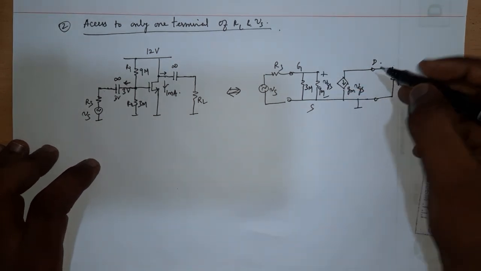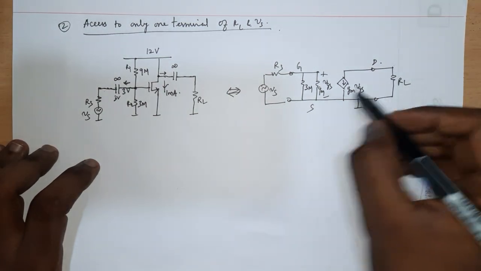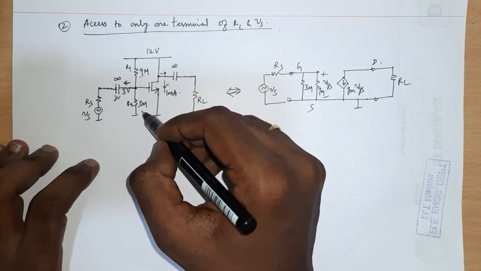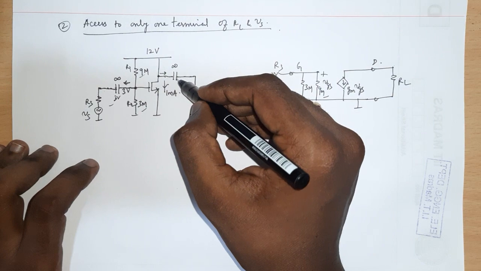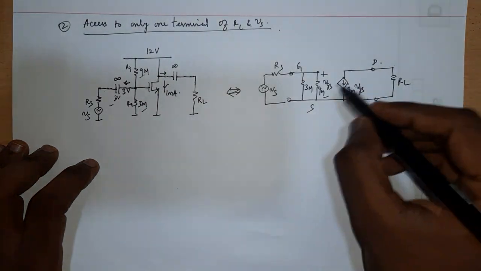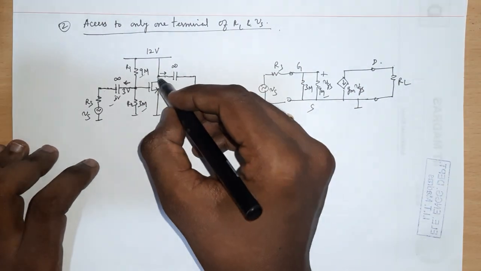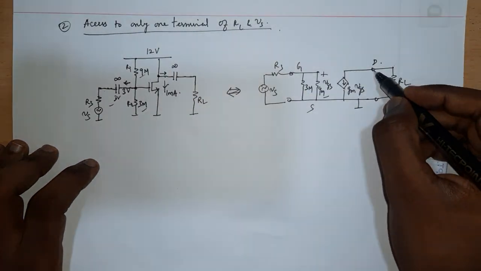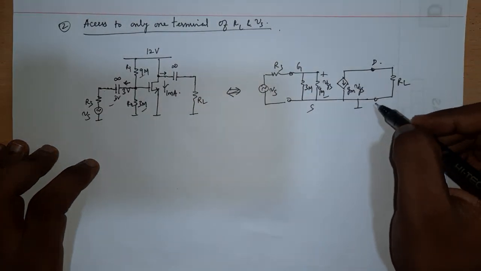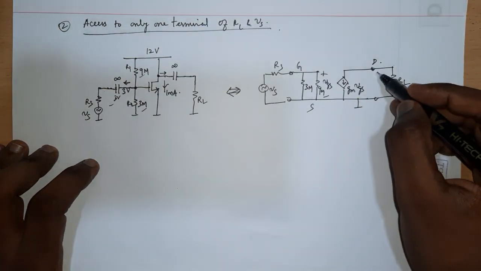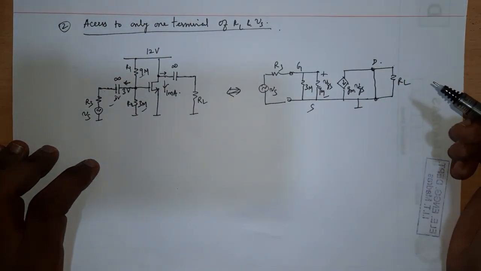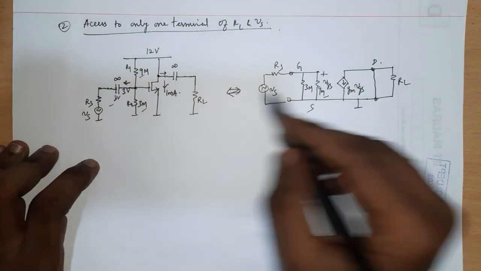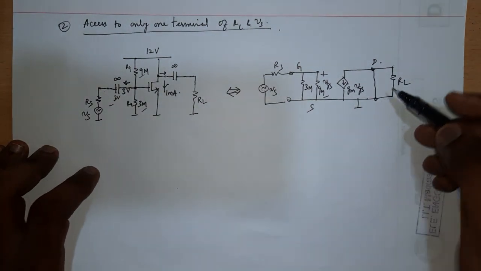At the output, you are done with this side. The capacitor is short, so you have the capacitor short and RL, and from the drain terminal you have a short to 12 volt, and 12 volt is incrementally grounded, meaning you have a short here, right? As far as this picture is concerned, you have a short here.